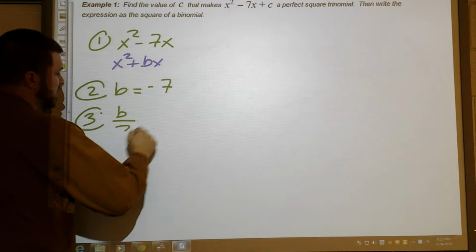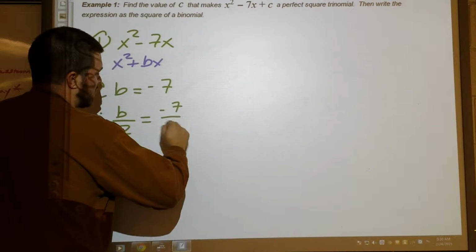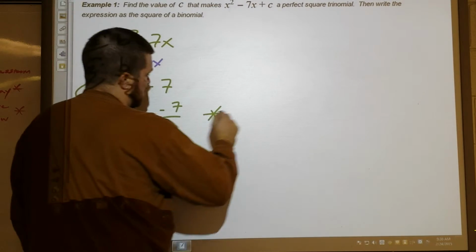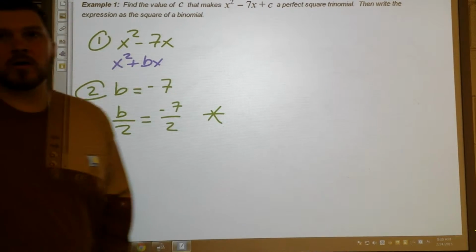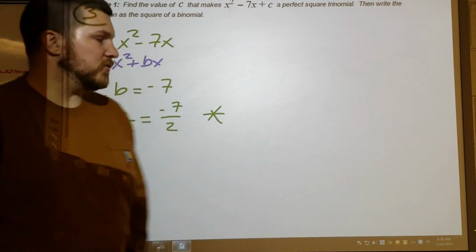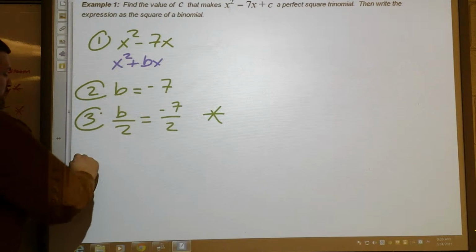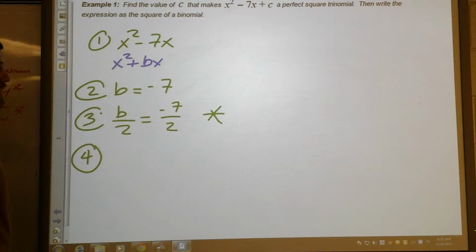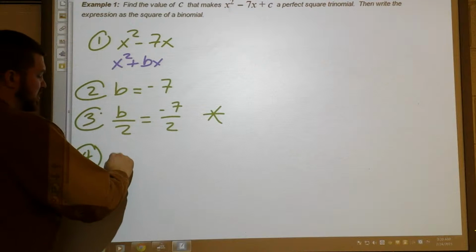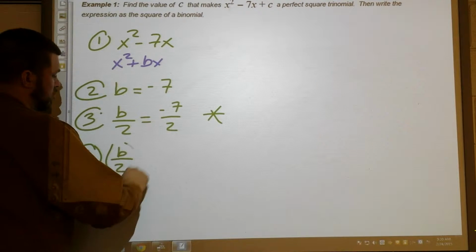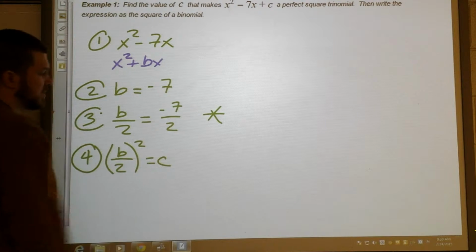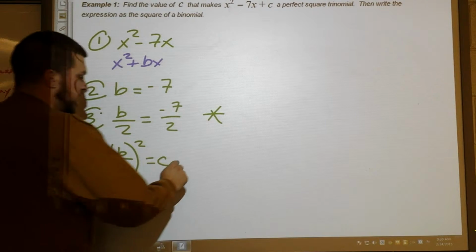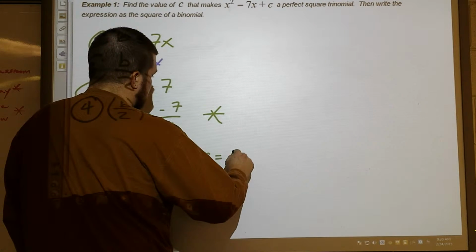So b divided by 2 is going to be negative 7 divided by 2. And again, that's going to help me factor into a square of a binomial in just a few minutes. Now, what I want to do is find that value c. Remember, the value c was equal to b divided by 2 quantity squared.